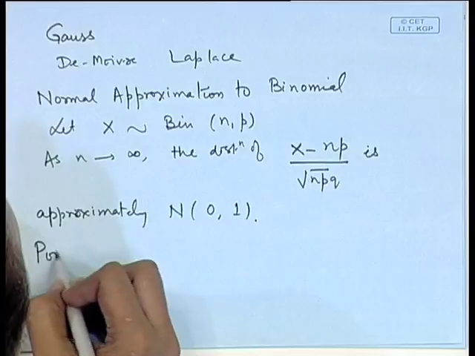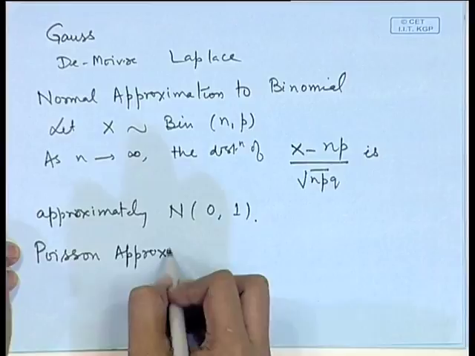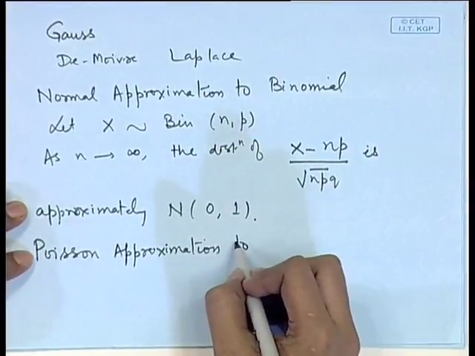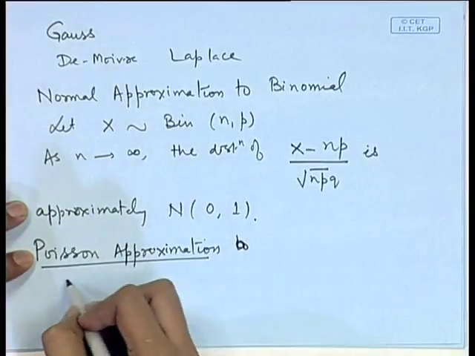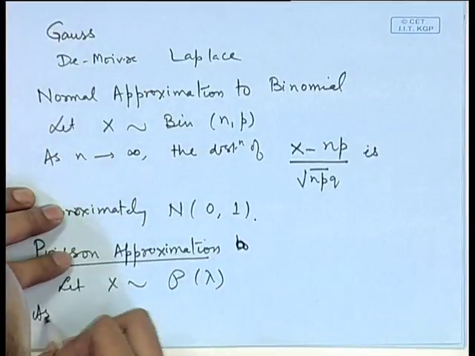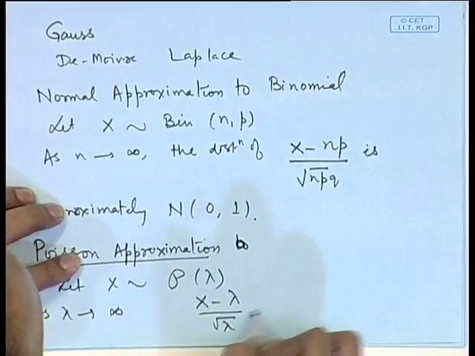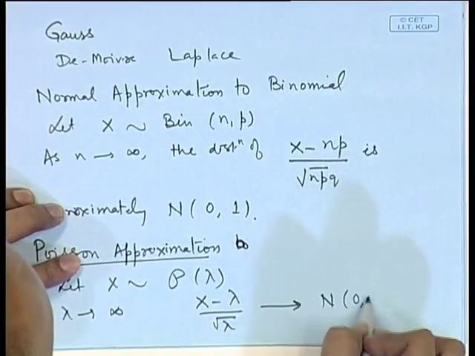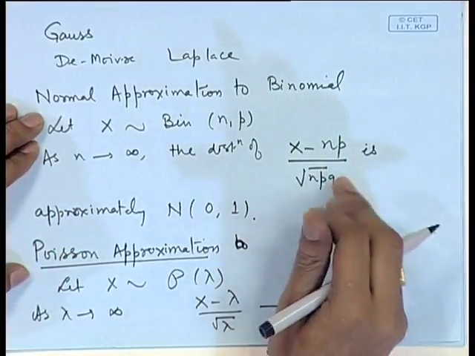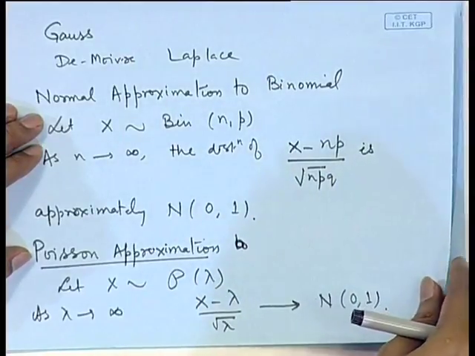Similarly, Poisson approximation: let x follow Poisson lambda distribution. As lambda tends to infinity, x minus lambda by root lambda converges to normal 0, 1. Basically, these were the original central limit theorems. The modern versions are for any random variable x.